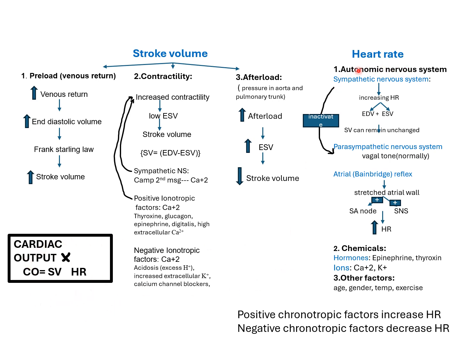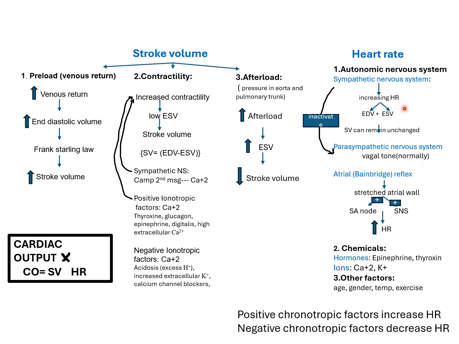For heart rate, the main factor is the autonomic nervous system. Under normal conditions, there is vagal tone to the heart, which is the parasympathetic nervous system, and this decreases the heart rate. When the sympathetic nervous system is activated, it inhibits the parasympathetic and the vagal tone.